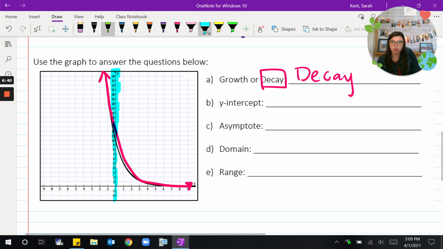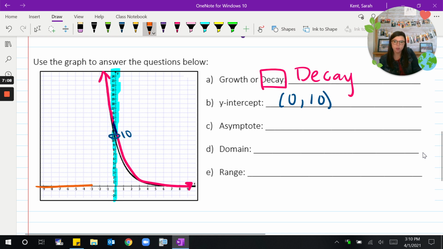It's kind of hard to tell here, but I'm pretty sure, don't look at the pink line, look at the black. It's crossing here at 10. So this would be (0, 10). If you can't see it on your homework or on the practices, ask, and I'll help you know what number that is.